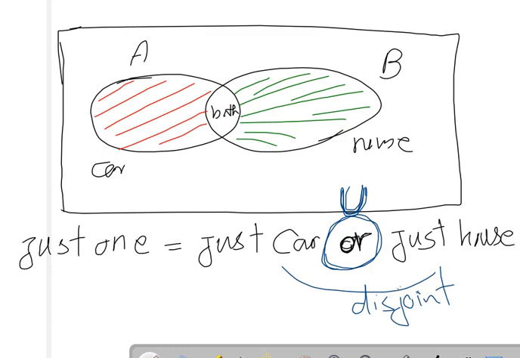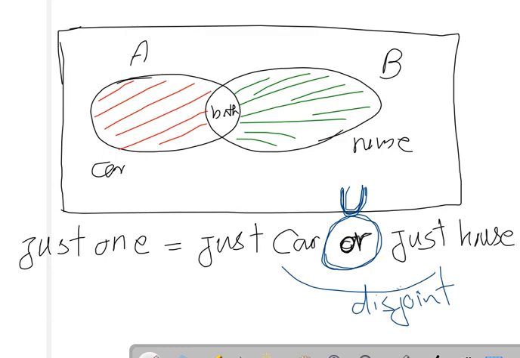Because you can see that the red lines and the green lines don't have any elements in common, so we should just obtain the sum of the probabilities for just car and just house.